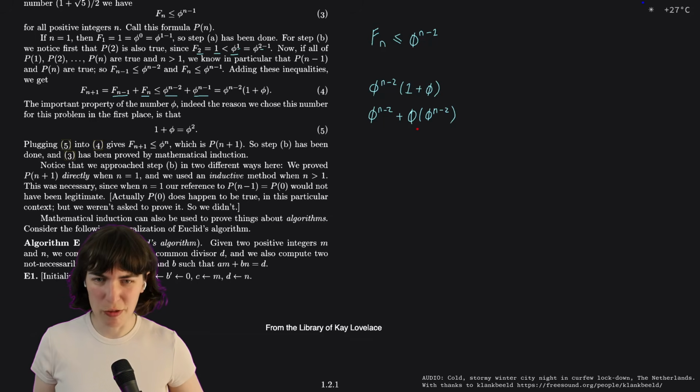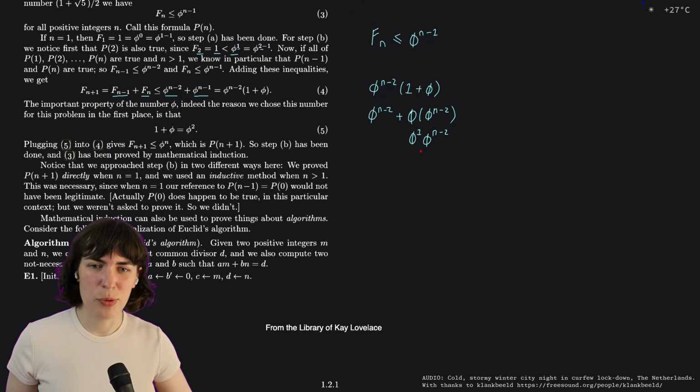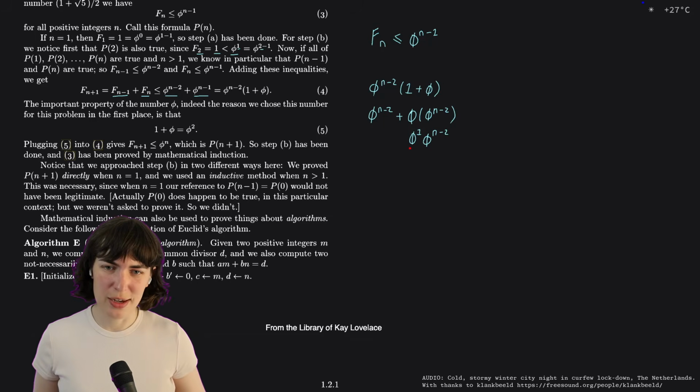Now, another way of putting this is to say this is phi to the power 1, and this is phi to the power n minus 2. And if we are multiplying two things which are the same number to the power of something, you add them.